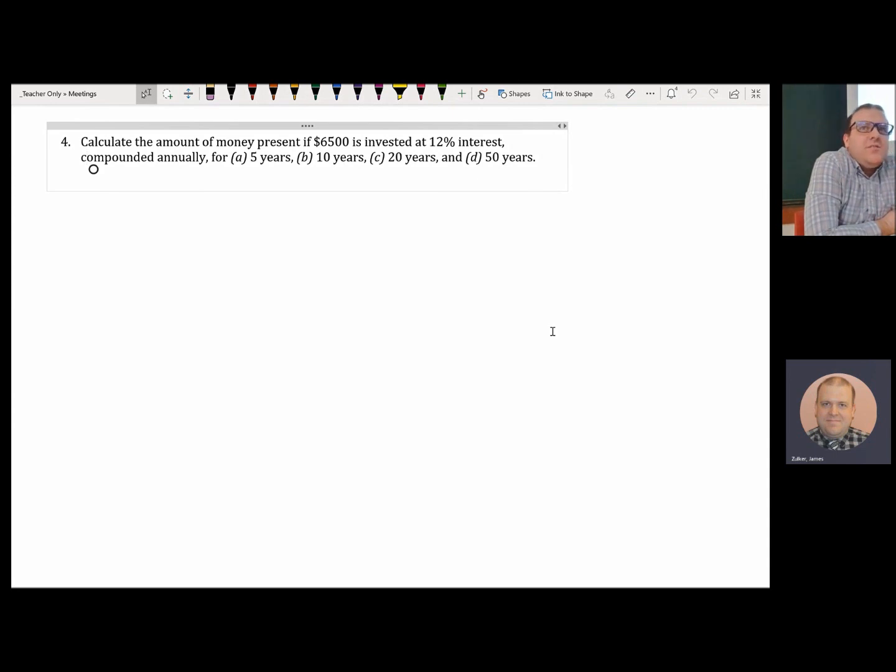It was 6,000. Now it's 6,500. Unless you're over the age of 55, then it's 7,500. This is going to show you the power of time in compound interest.